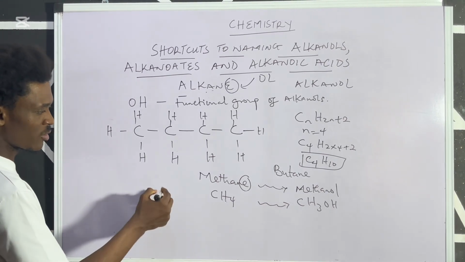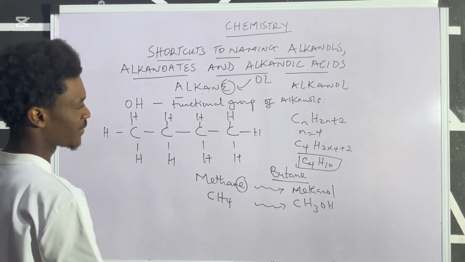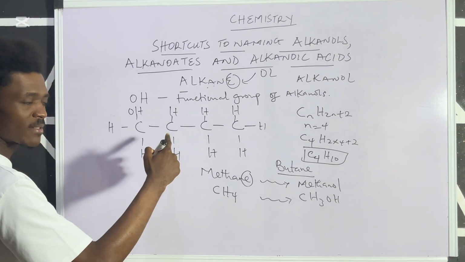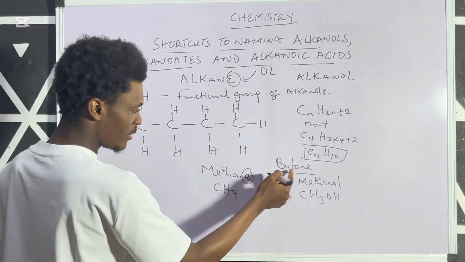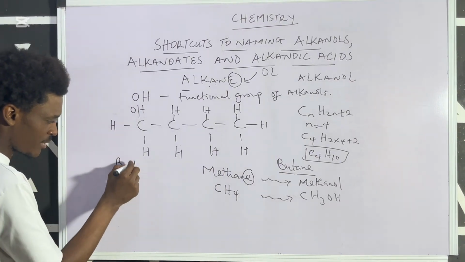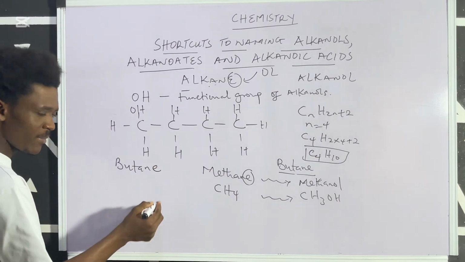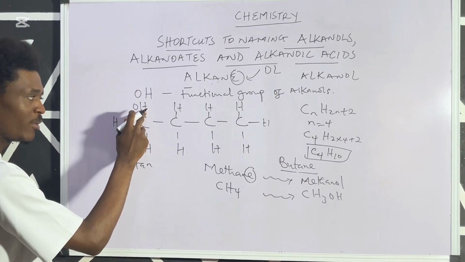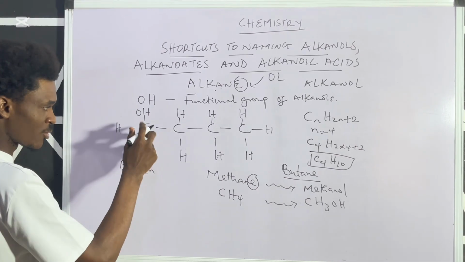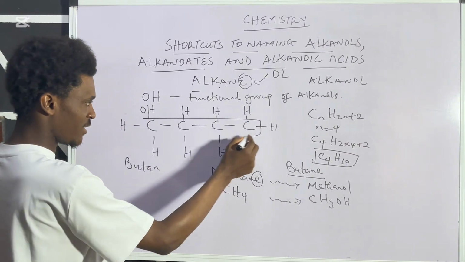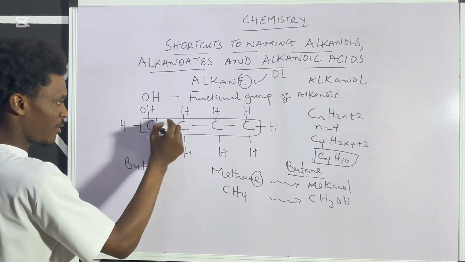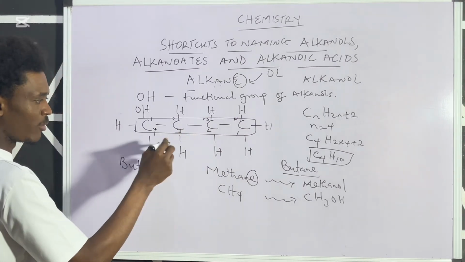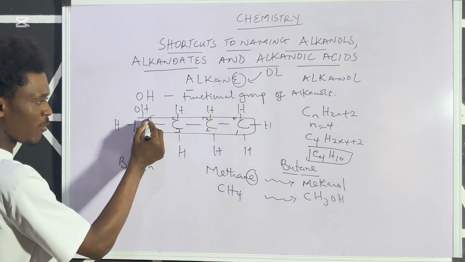So this structure, like I said, is what? Butane. Now, if I put OH here and I am told to name this, all you simply do is work with that same butane, but this time I will clean off the E. Why? Because there is OH. Remember, OH represents alkanol. So if I'm numbering, this is our longest carbon chain here. So if I number forward and I number backward, then going by forward, the carbon that is carrying the OH is carbon 1.